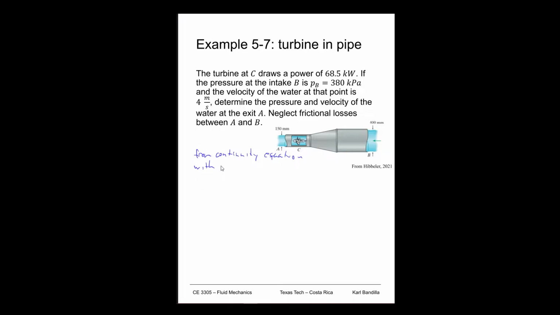So with an incompressible fluid, what else do we know? We know our control volume would look something like this. All right, so we know we have a fixed control volume.